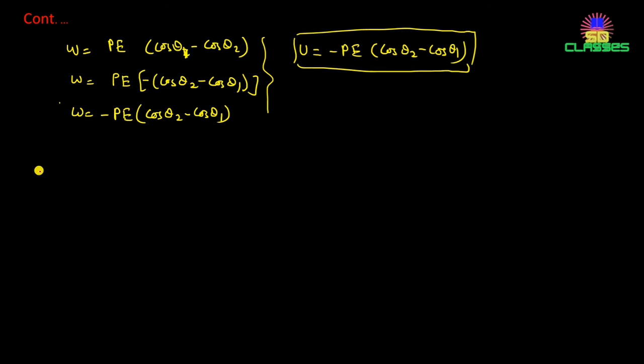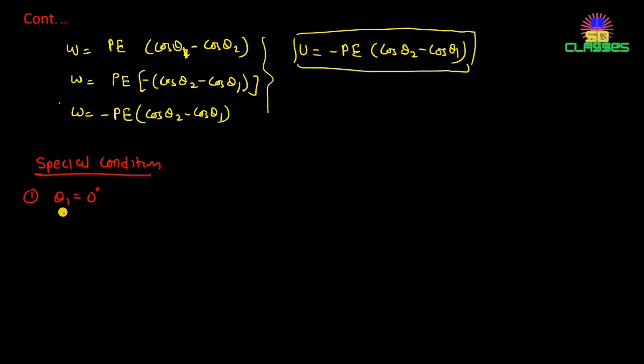Okay, now let me take some special conditions. Condition number 1 is, suppose we have started with an angle 0 degree. That means we have started the dipole while it is along the direction of the electric field.